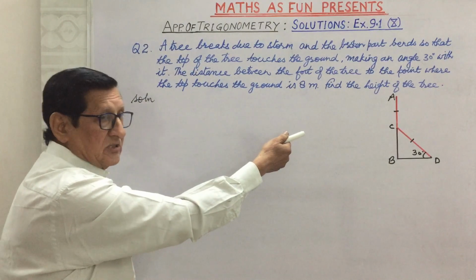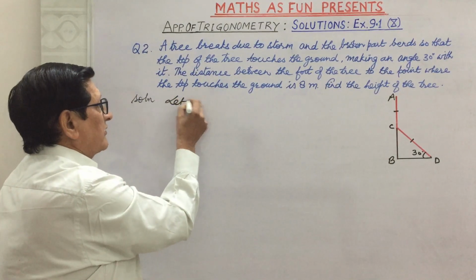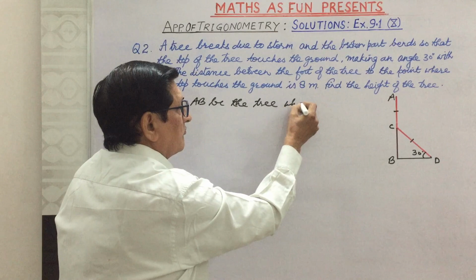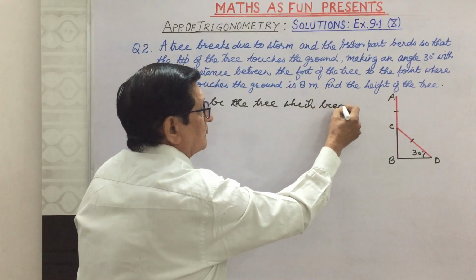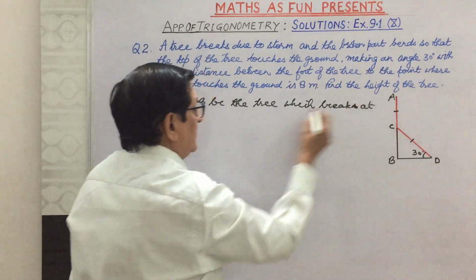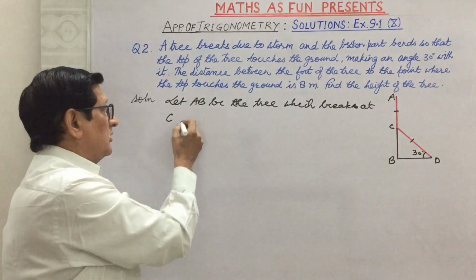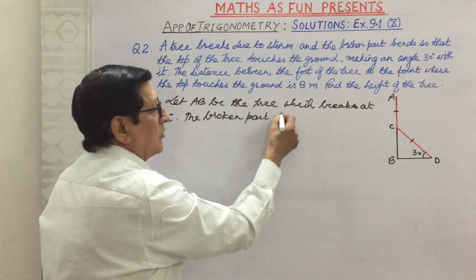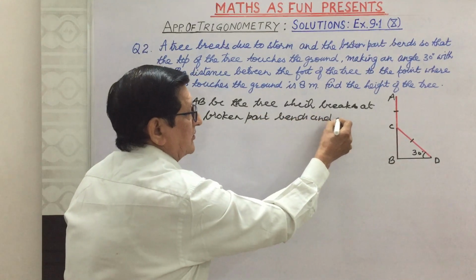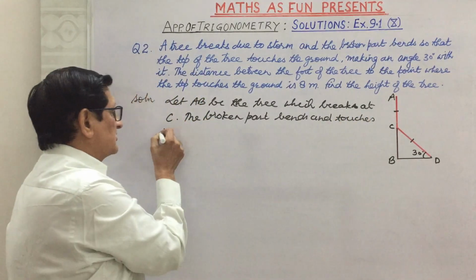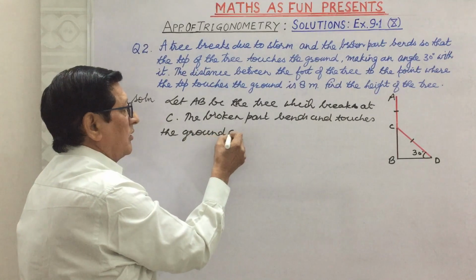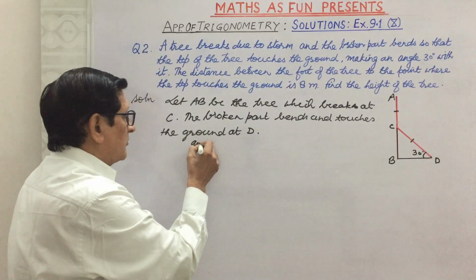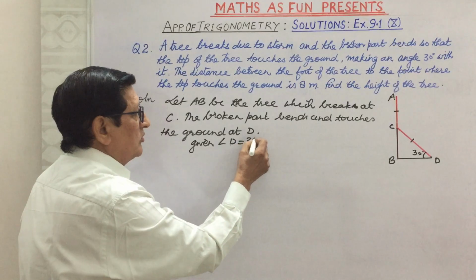So we write what we have described in the diagram, that is, let AB be the tree which breaks at C. The broken part bends and touches the ground at D. Given angle D is equal to 30 degree.